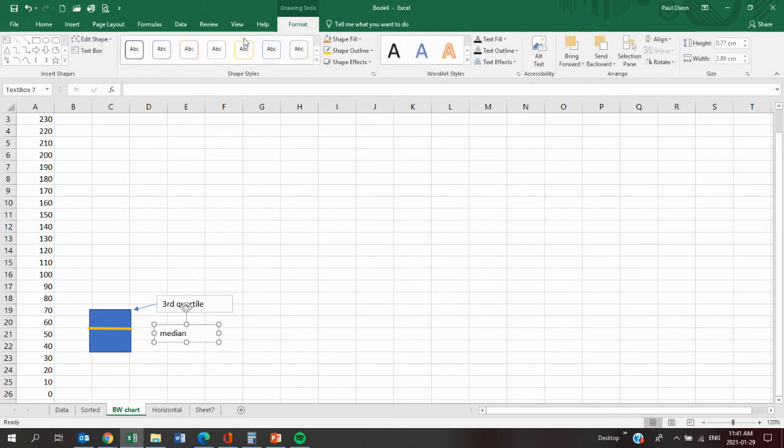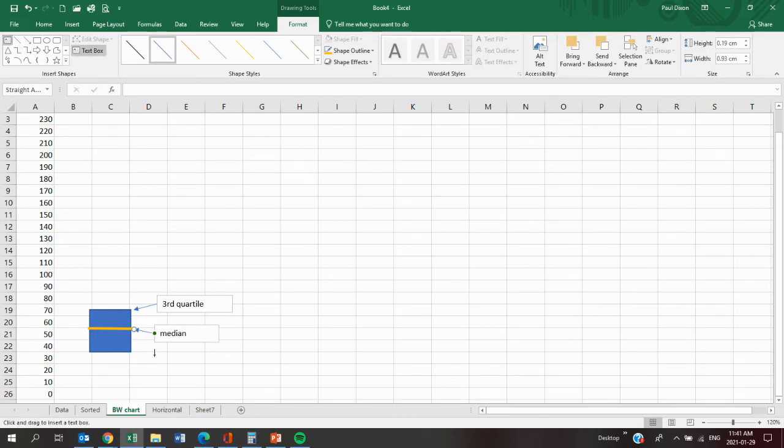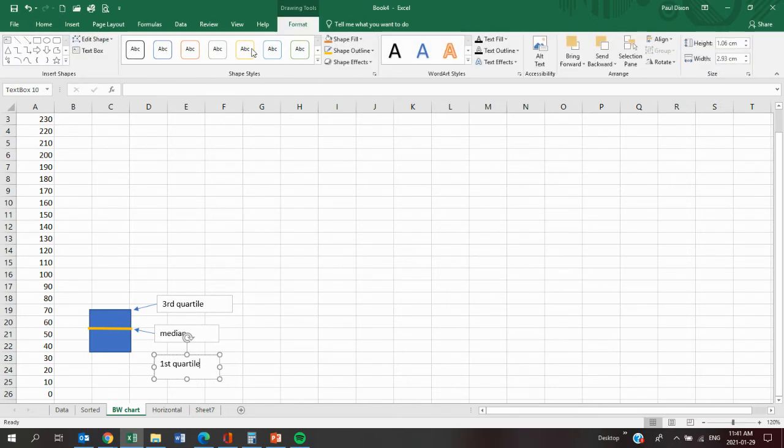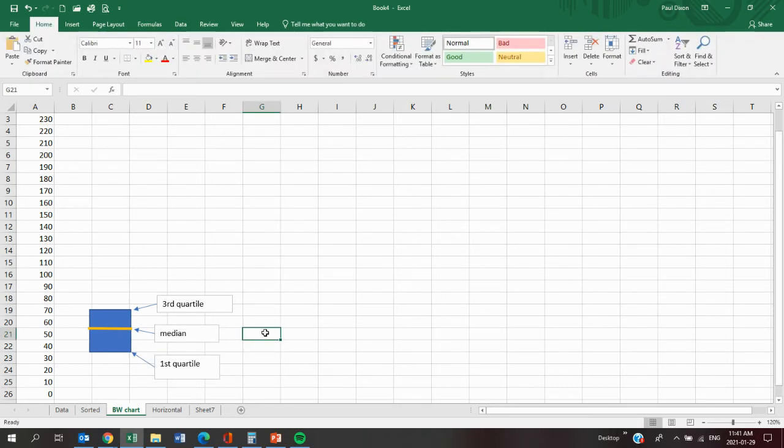And that's right there. And down here, I've got my first quartile. That was this guy right here. And most of the time, this is the most important part of my data set that I've got.